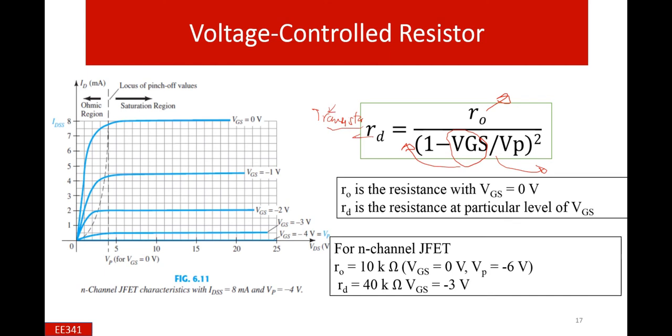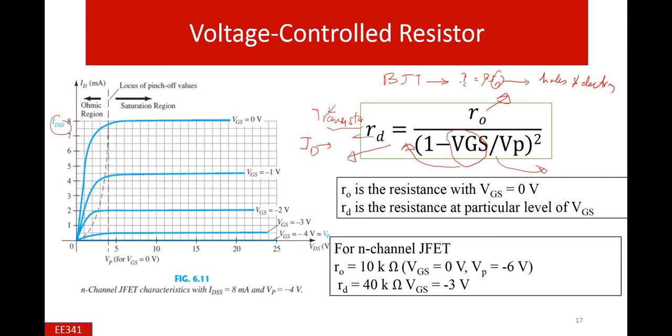In a BJT, this resistance is controlled by the base current, and the current is due to both holes and electrons, whereas in this case the resistance controls the current, which is ID.